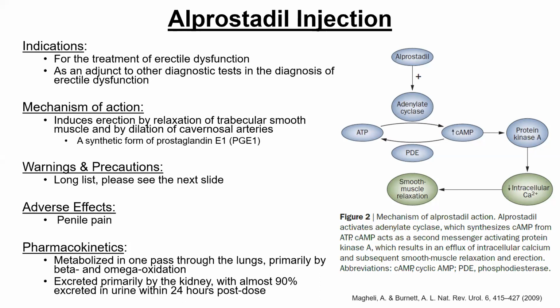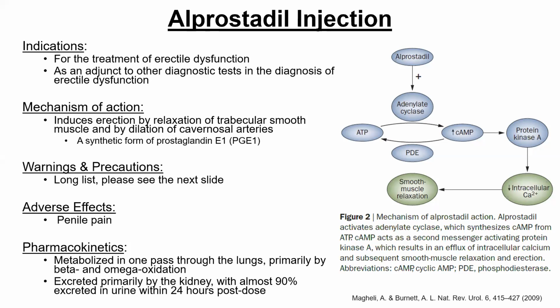And from the first slide, when you saw that, the one way blood flow increases is by causing relaxation of vascular smooth muscle cells, and that's exactly what this drug does. So it is used for the treatment of erectile dysfunction as well as an adjunct for other diagnostic tests that are used for the diagnosis of erectile dysfunction.